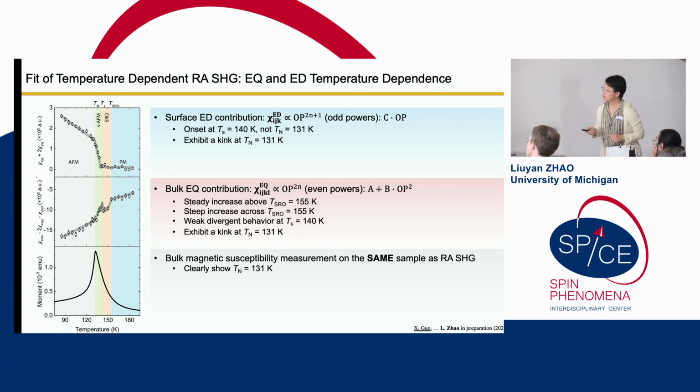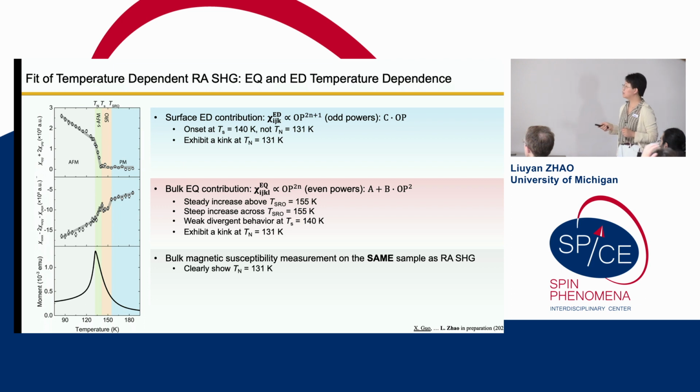And what's more interesting is the second column. If we look at this order parameter even power term, we can see more features. The signal starts to degrade around 185 Kelvin, and then has a steeper decrease around 155 Kelvin, and then a weak divergent behavior around 140 Kelvin, and then another kink around 132 Kelvin.